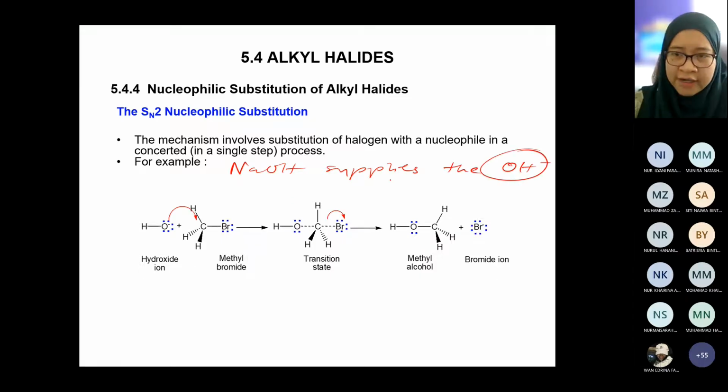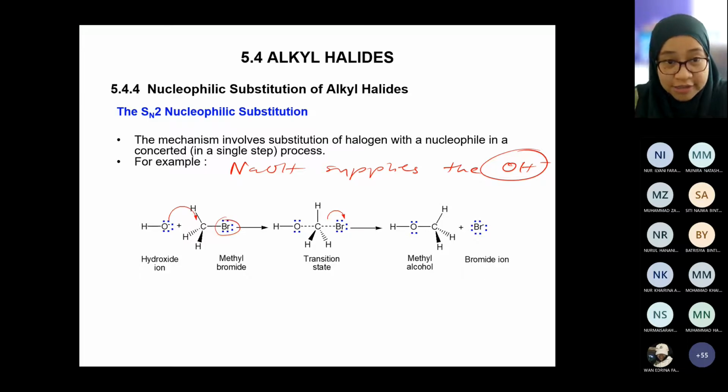This is the nucleophile, the one that will be involved in the reaction. Okay, right. So the OH minus will attack, nucleophile attack kan? So the hydroxide ion will attack the carbon. Okay, so it will attack the carbon from behind, ataupun the opposite side of the halogen.